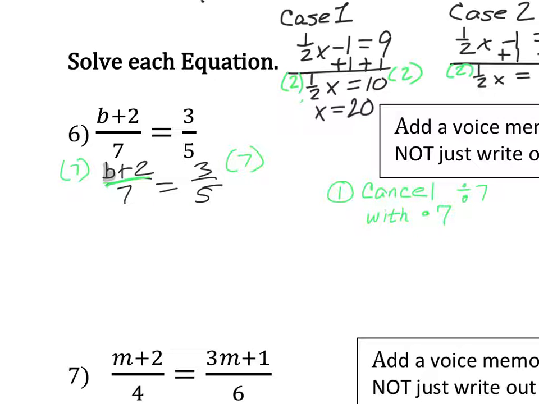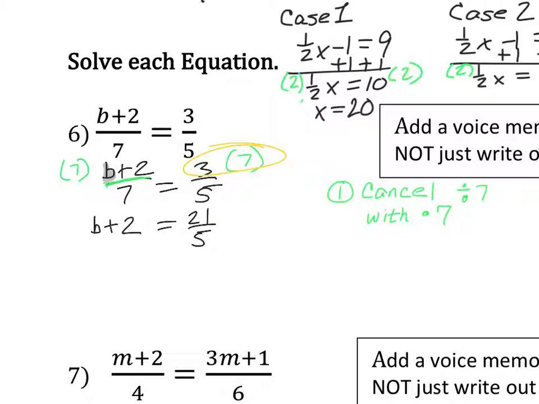That will leave me with just a b plus 2 on one side. And then remember, when you're multiplying by fractions, you're just going to multiply those two together right there. So that's going to be equal to 21 over 5.